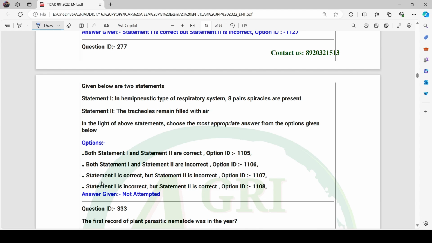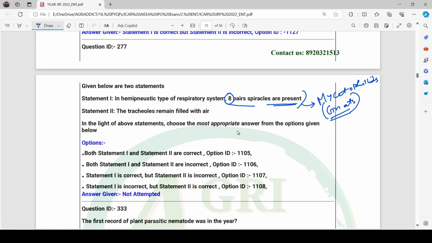The next question is, in statement 1, in hemipneustic type of respiratory system, 8 pairs of spiracles are there. Yes, you all know that in hemipneustic type there are 8 pairs of spiracles. Then you need to know the example like mycetophilids, that is gnats.